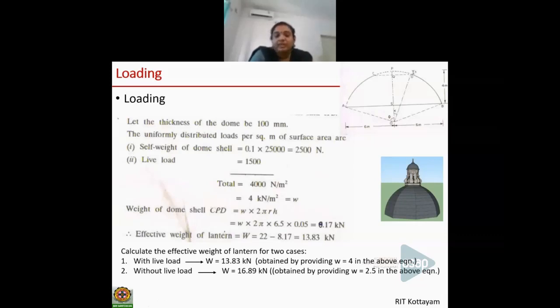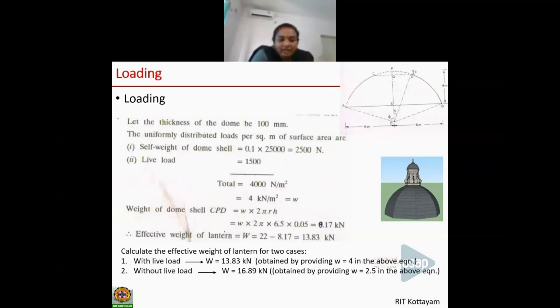Why? Because the Meridianal stress is critical in the case of with live load, and in the case of hoop stresses, sometimes the case of without live load will be critical because we have a negative sign coming there. Because of that only, we have to consider these two cases.